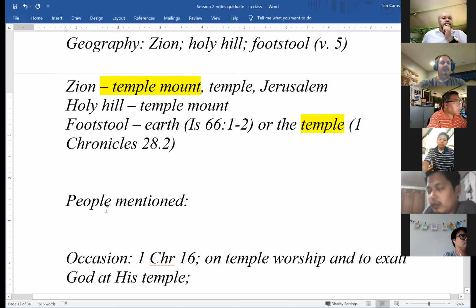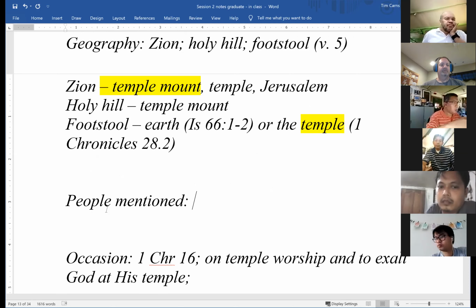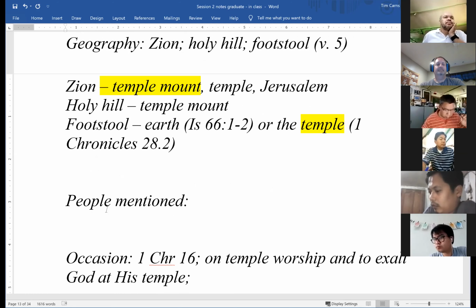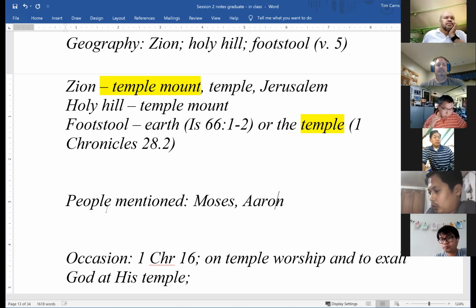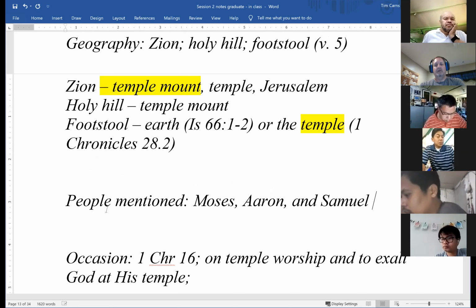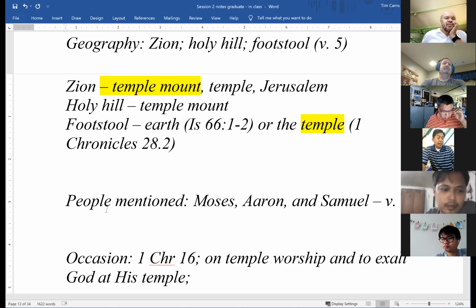Okay, now, any people mentioned in this poem? Moses, Aaron, verse 6, and also Samuel. And are these men obscure? Do we not know much about them? Right, these are key people. We would call these guys the big guns.